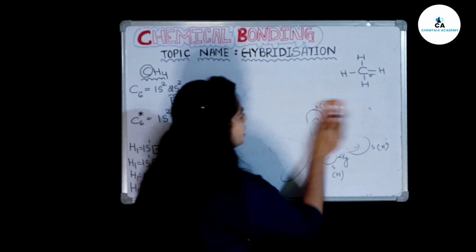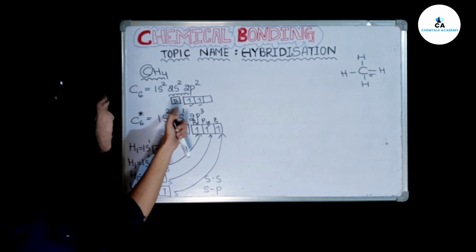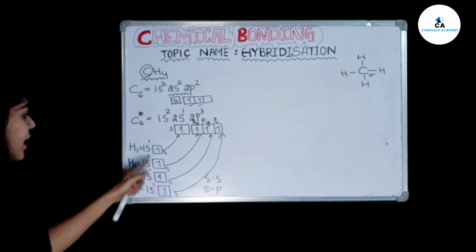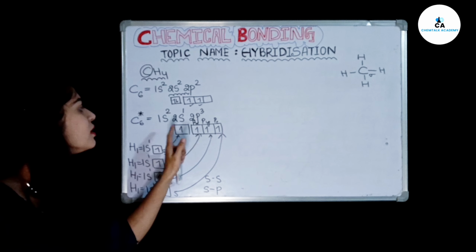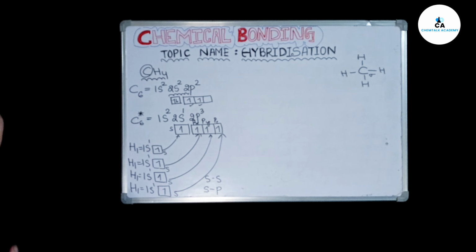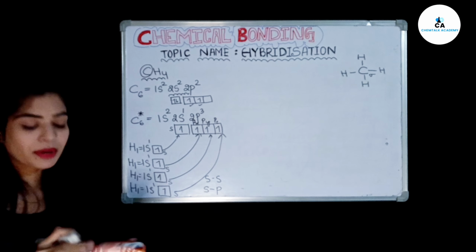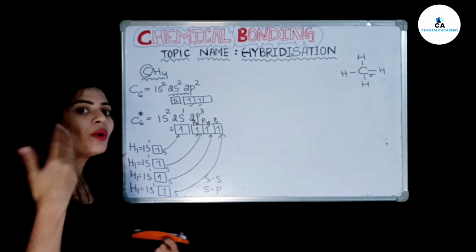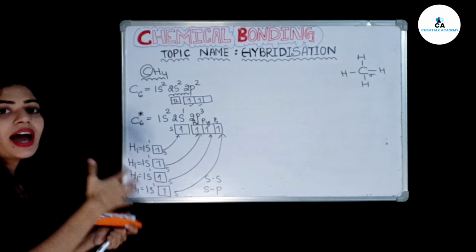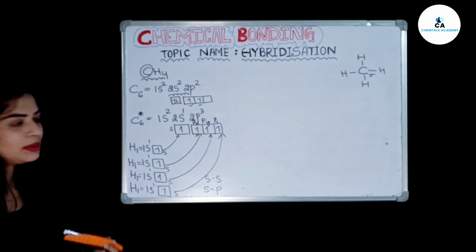But we will intermix the orbitals of carbon, because carbon is creating the problem. Hydrogen's orbitals are all the same, but in carbon one orbital is different. So we will mix all the 4 orbitals of carbon to get new hybrid orbitals. After forming the hybrid orbitals, when they overlap, all the 4 bonds will be the same.